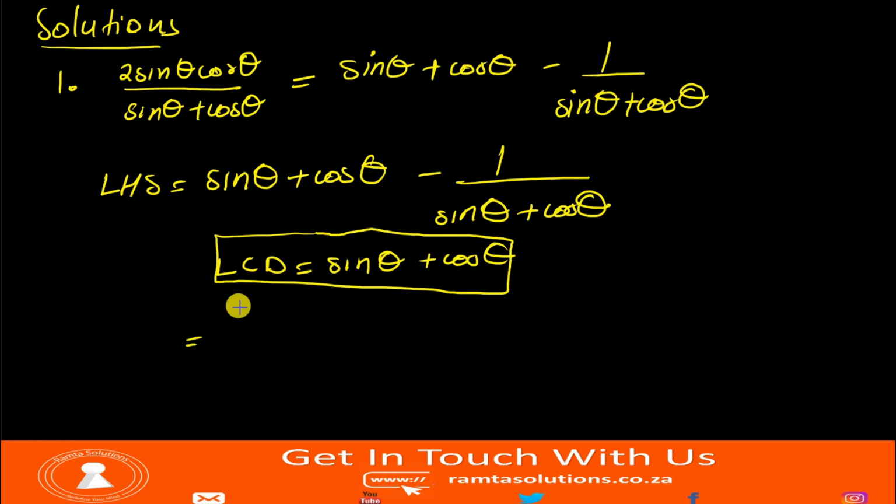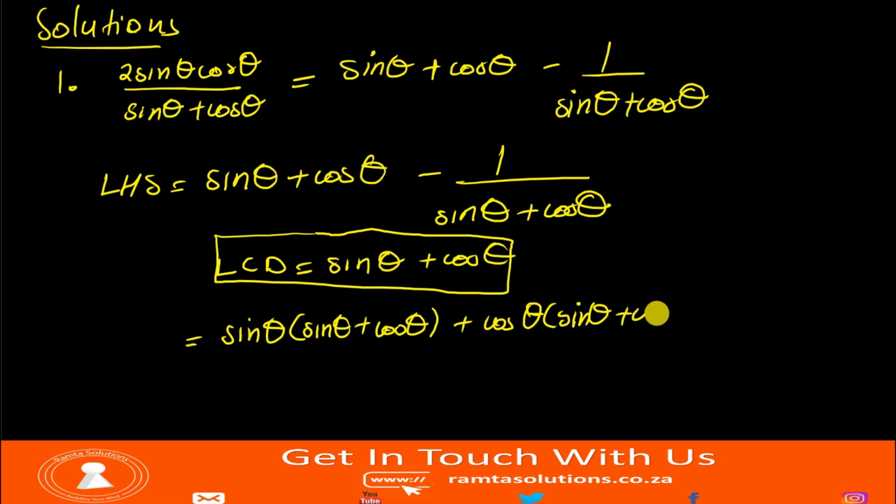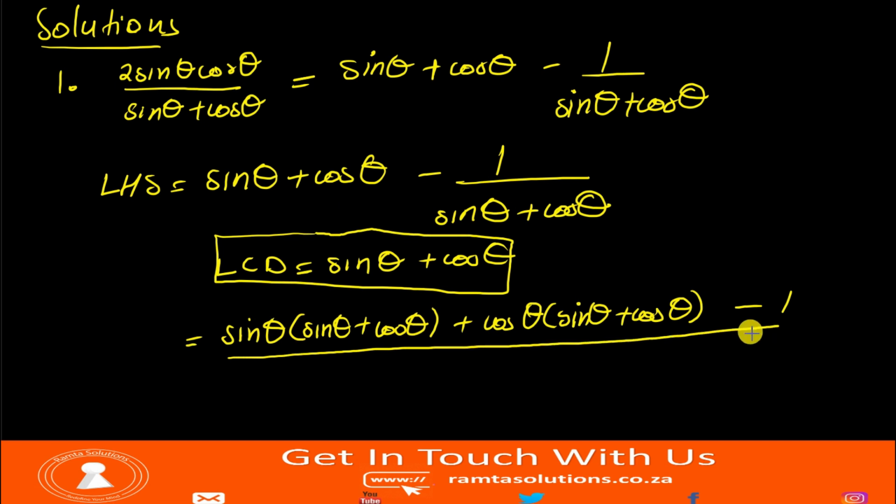So this is equal to, meaning we will multiply this by LCD, this by LCD, and this we cannot multiply by LCD. So we will say we have sine theta multiplied by sine theta plus cos theta plus cos theta multiplied by sine theta plus cos theta minus 1. All these are over sine theta plus cos theta.